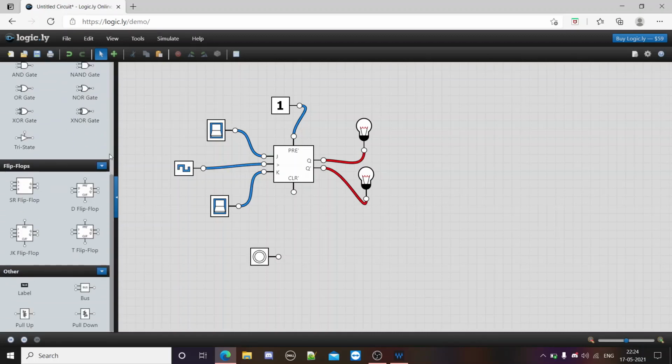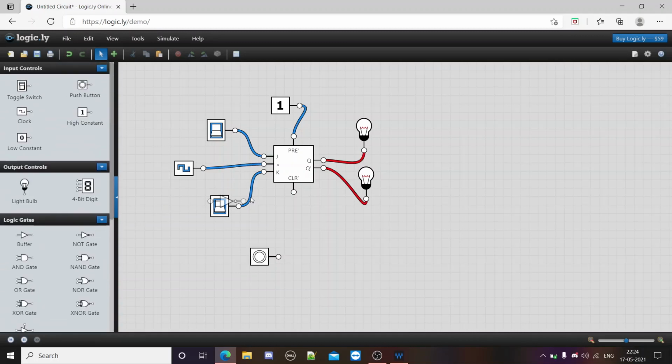Let us take a not gate over there. I'm just searching for not gate, and then giving connections. When both are 0, it is already in the previous state.